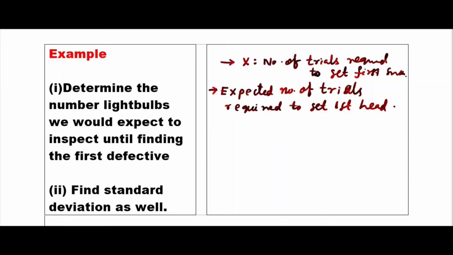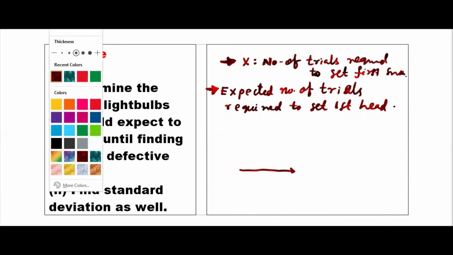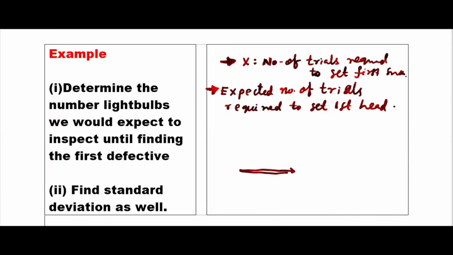What I did is I started with number here, now I started with expected here. Expected number of trials required to get the first head. You go from here to here every day, and we say that the expected time it takes from here to here is 10 minutes.